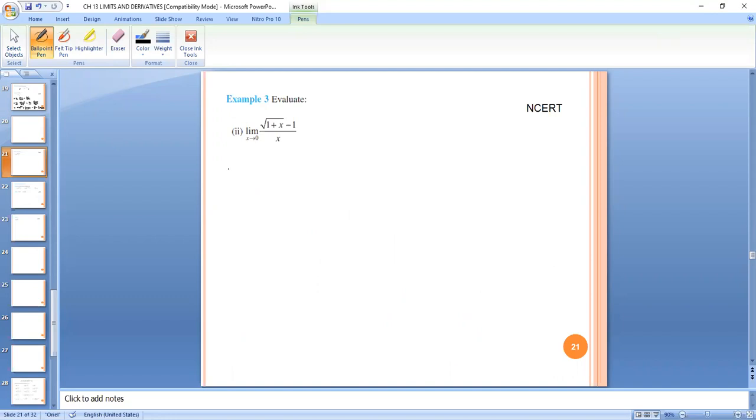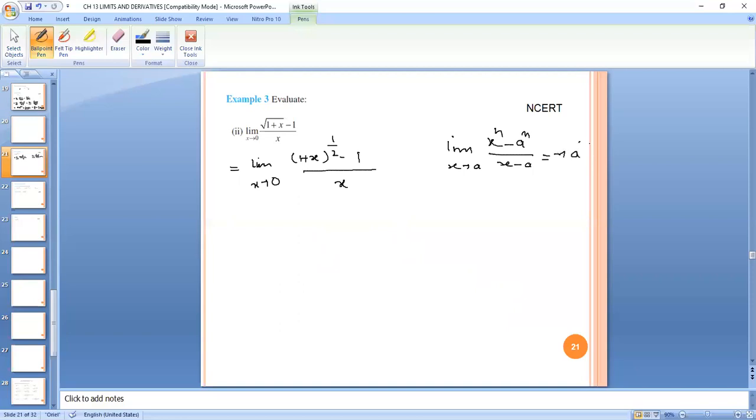So this we can write as limit x tending to 0, 1 plus x raised to power 1 by 2 minus 1 upon x. If you compare it with the formula, limit x tending to a, x raised to power n minus a raised to power n upon x minus a is equal to n a raised to power n minus 1.